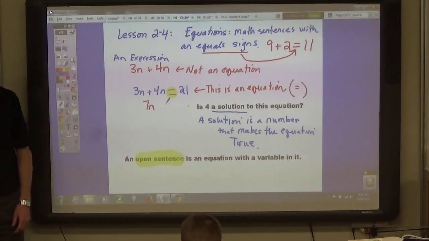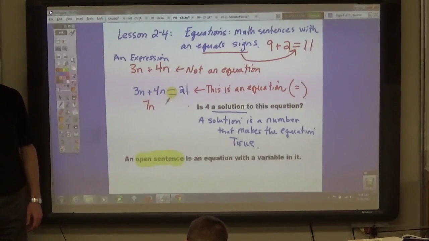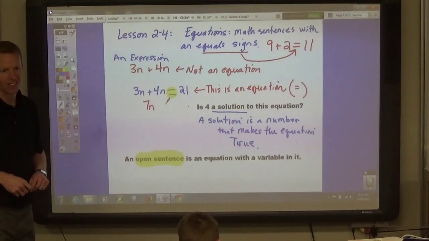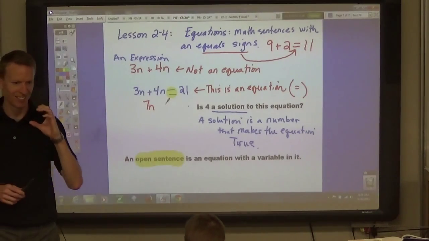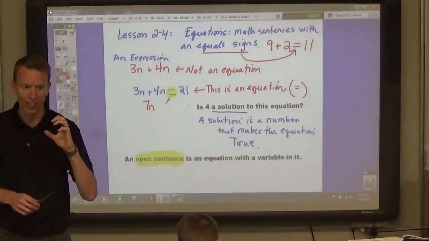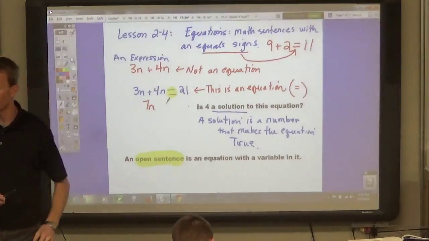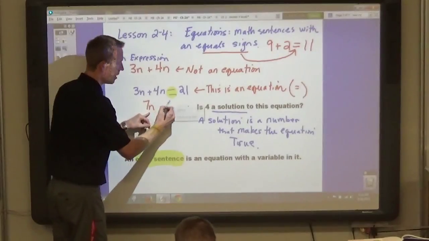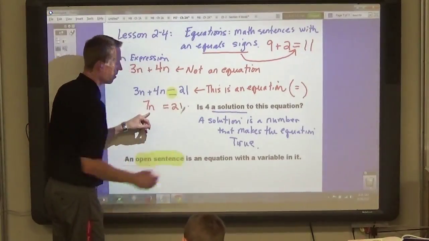How many are there? 7 total. What's the name for that 7, Amelia? It starts with a C. Coefficient. It tells you how many n's there are. 7 of them equal 21.